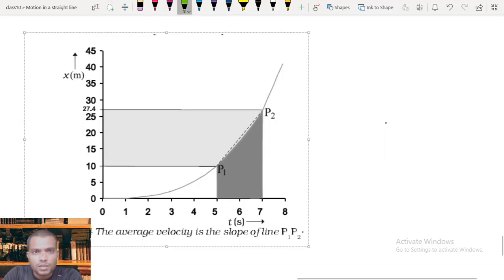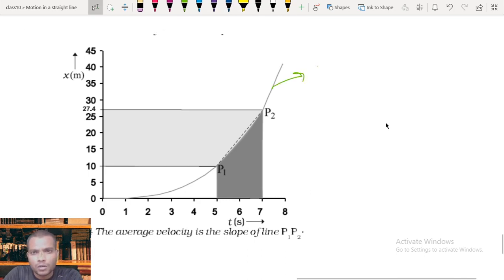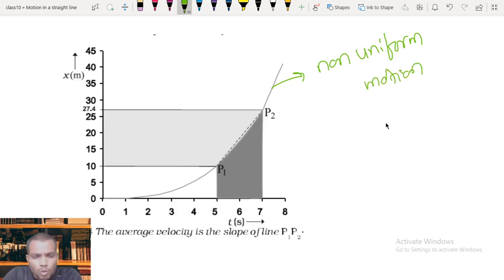So this is a non-uniform motion graph. And we know how to calculate the velocity from this distance versus time graph. If you calculate the slope between the points P1 and P2, we can calculate the average velocity.